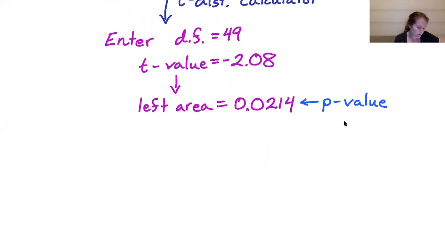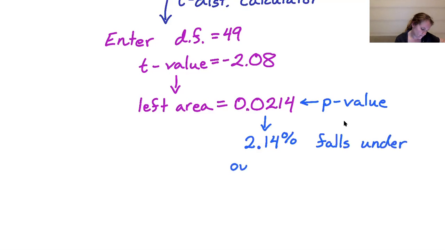Our p-value is, in other words, 2.14%. This falls under our 5% cutoff. Again, that's just our significance level. So 2.14% falls beneath the significance level.